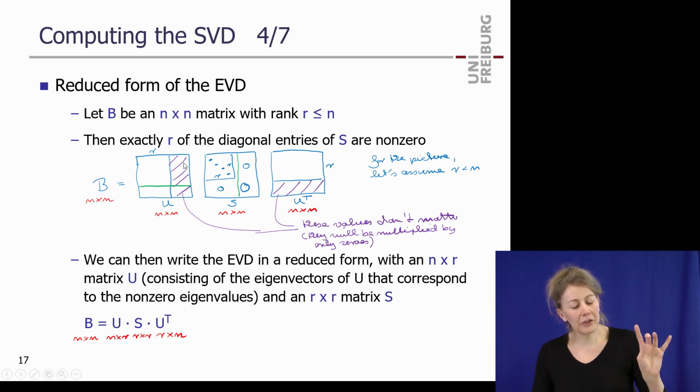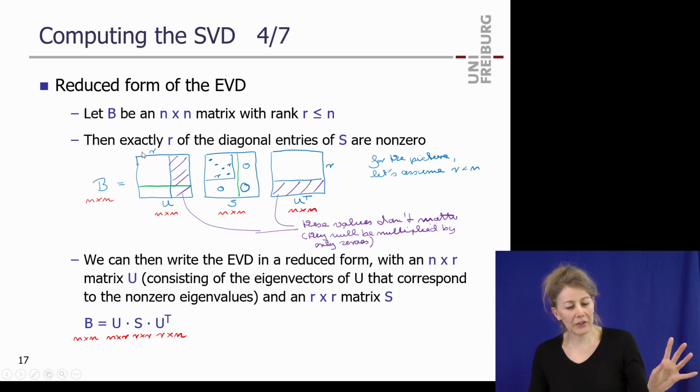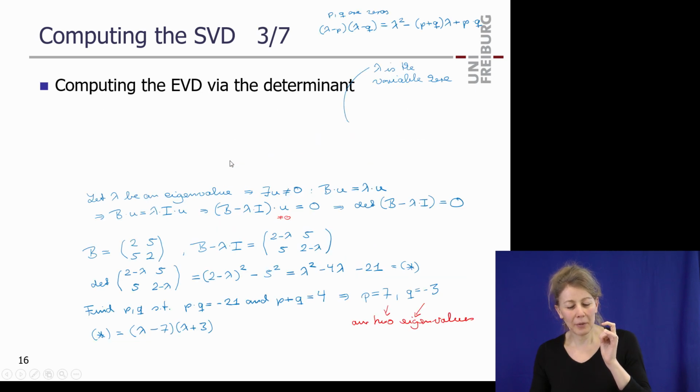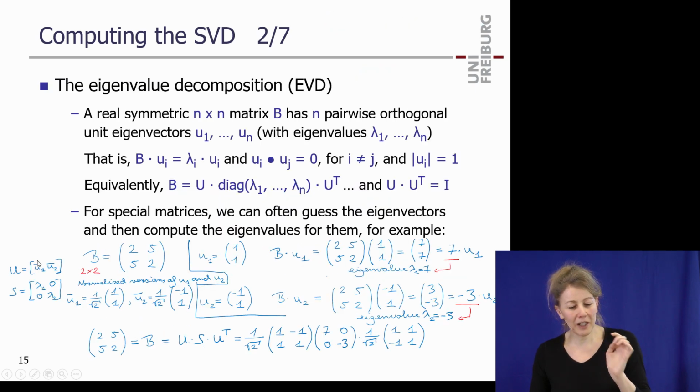Maybe one thing wasn't clear, and maybe then you ask your question again. The order of these things here must be the order of the eigenvalues, otherwise it doesn't work. Maybe that's something I didn't make clear. Is that maybe a problem? Here I can't just switch the two, then it's not correct.